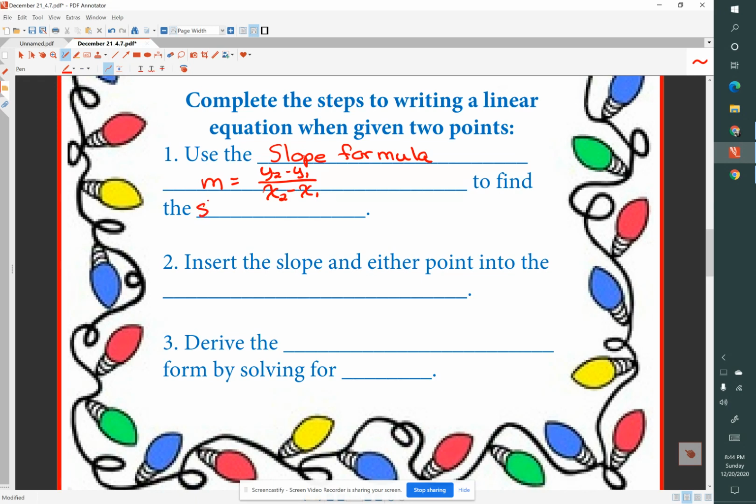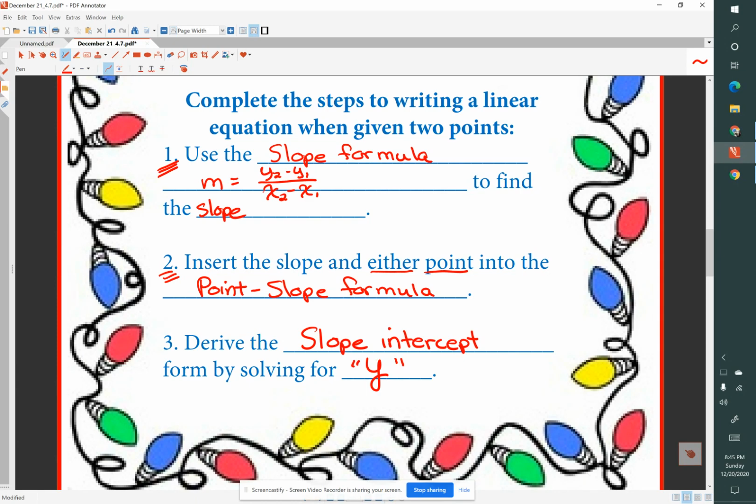Use the slope formula to find the slope. That's step 1. Step 2, insert the slope and either point, it doesn't matter which point you use, into the point slope formula. And then derive the slope-intercept formula. That's where you want to end up. So we're going to derive the slope-intercept form by solving for y.